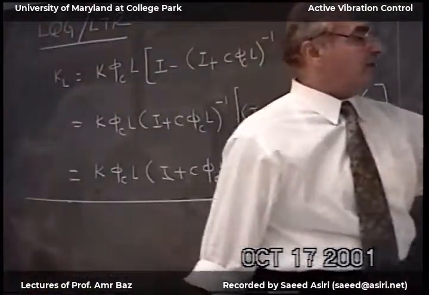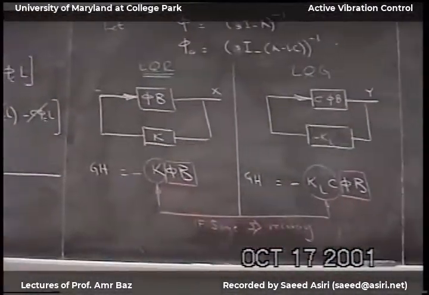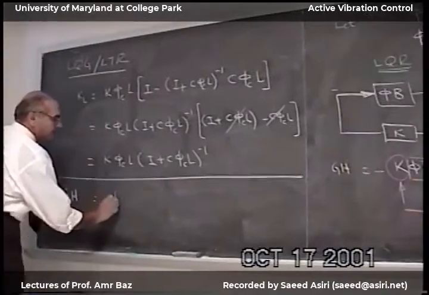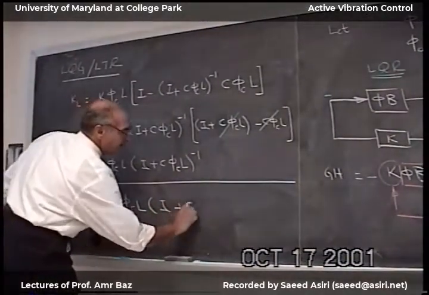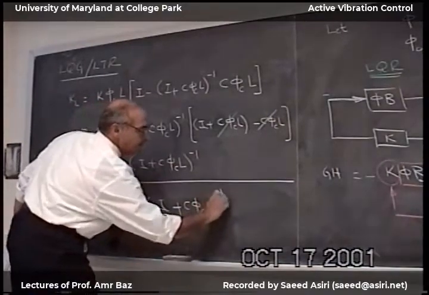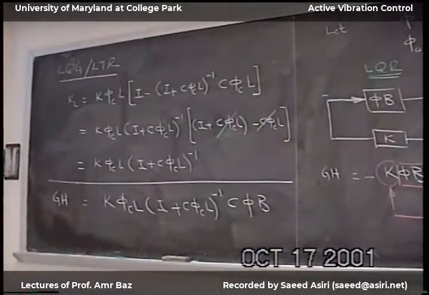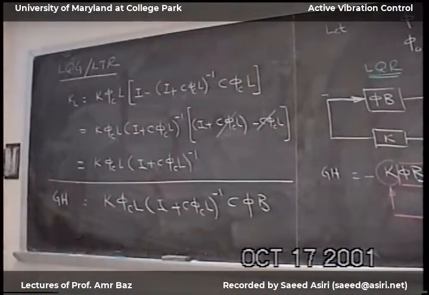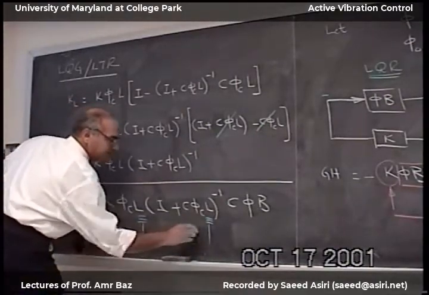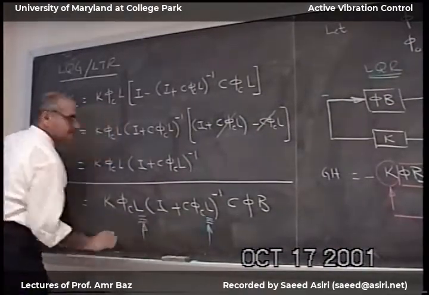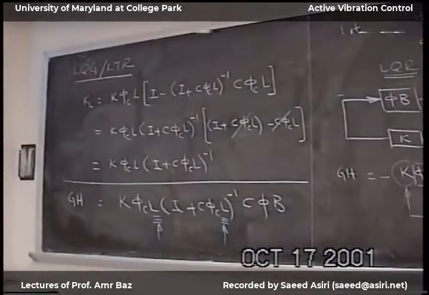Now to get the entire thing, I have to multiply by C phi and B. Then the GH will equal to K C phi and B. Now this depends on how we calculate the L. We calculate the L now with very little trick.